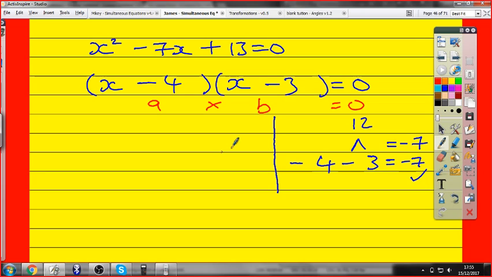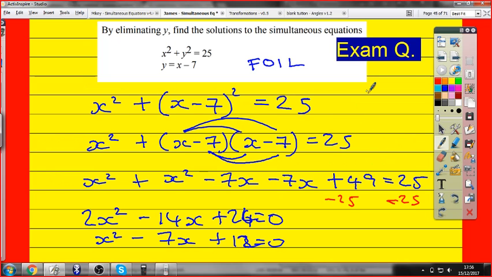It's going to be 0. Yeah. So either x minus 4 must be 0 or x minus 3 must be 0. So if x minus 4 equals 0, what must x be? 4. Yeah. And the other one? 3. Well done. So for this one, x equals 4 or x equals 3.